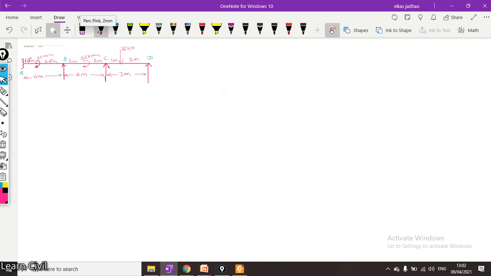And the next step is step number 3, the moment distribution table.